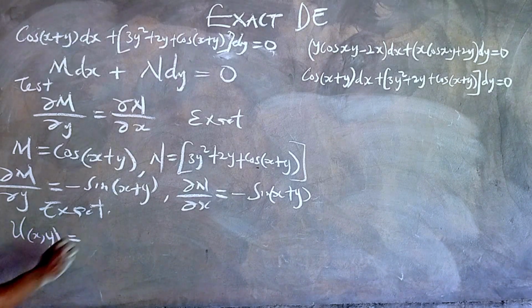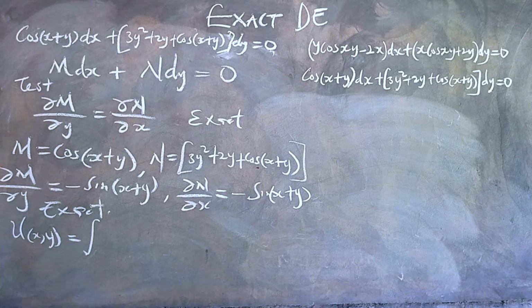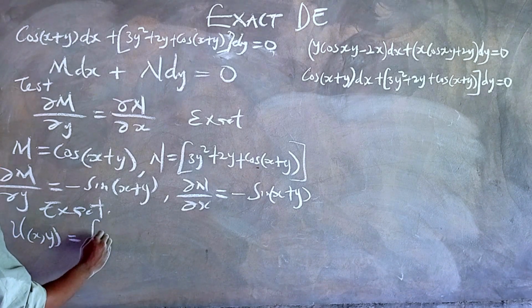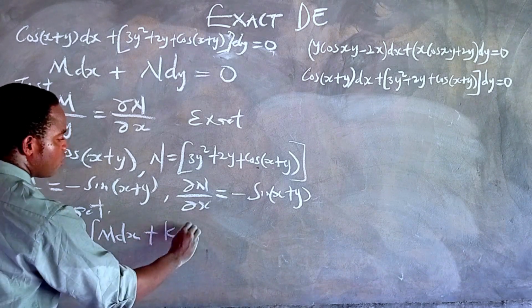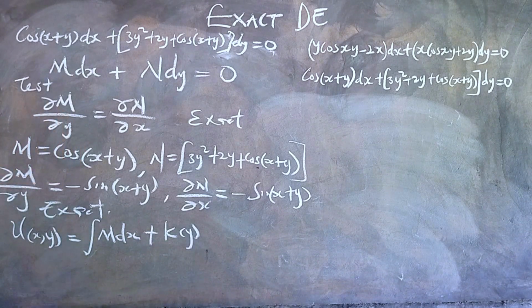So we can go on and use the method. The original function u that yields the differential equation is equal to the integral of M with respect to x plus k of y, a function of y, not a constant of integration, don't forget.